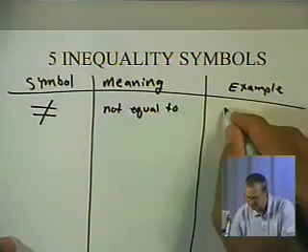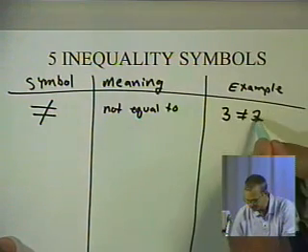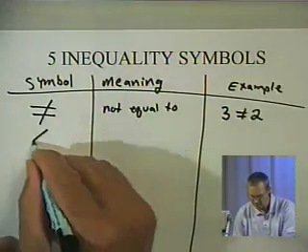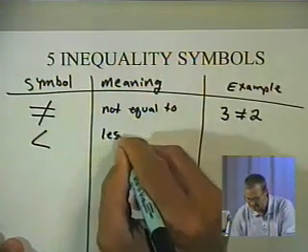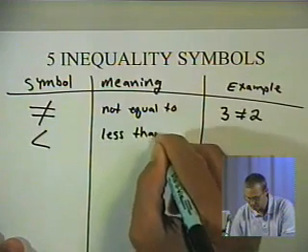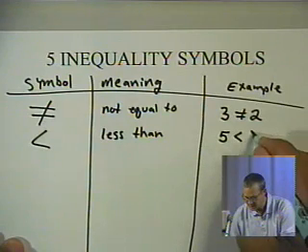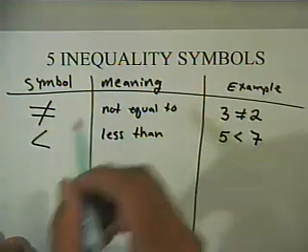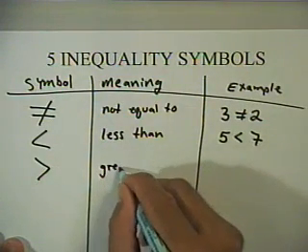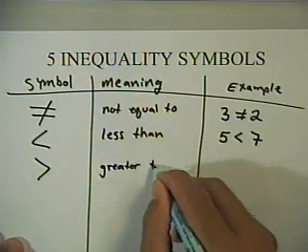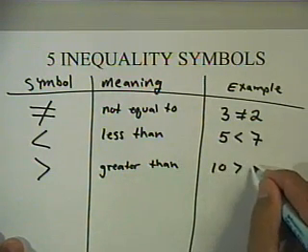An example, 3 is not equal to 2. That symbol we saw earlier is the less than symbol. An example might be 5 is less than 7. Now, we're also going to have a greater than symbol. Maybe 10 is greater than 8.